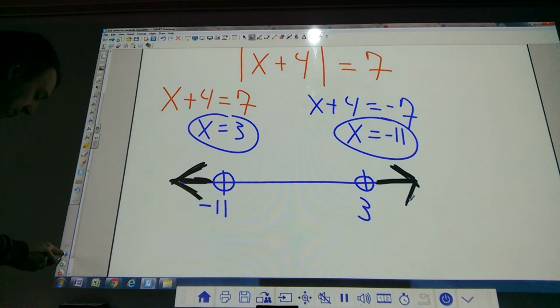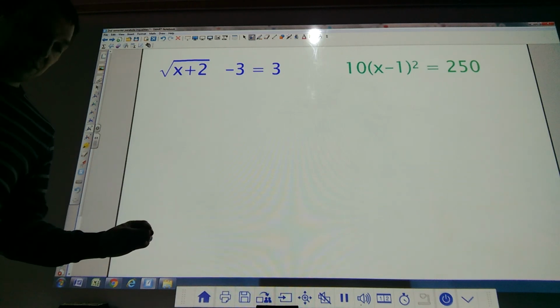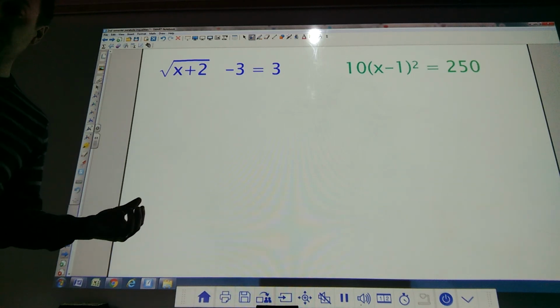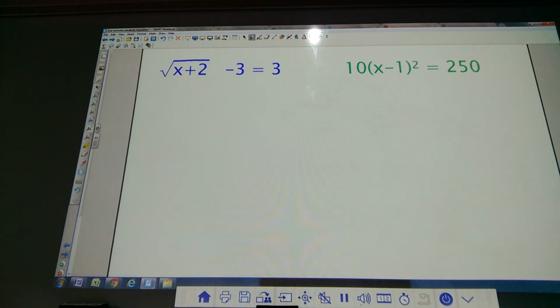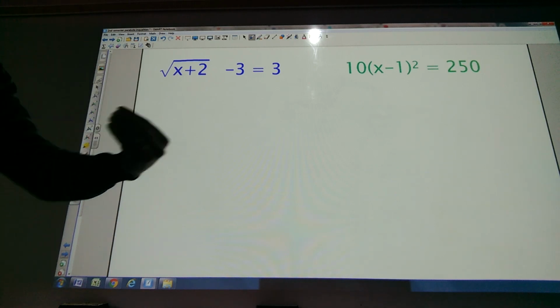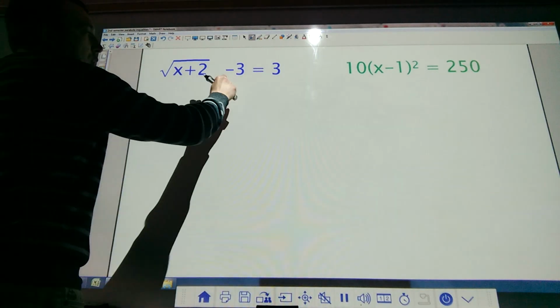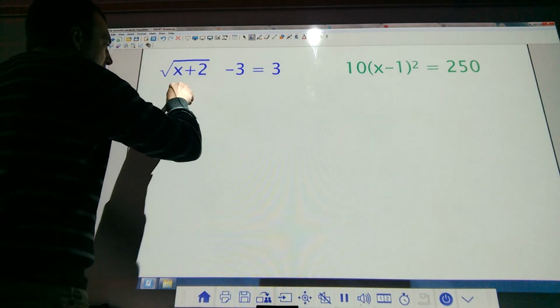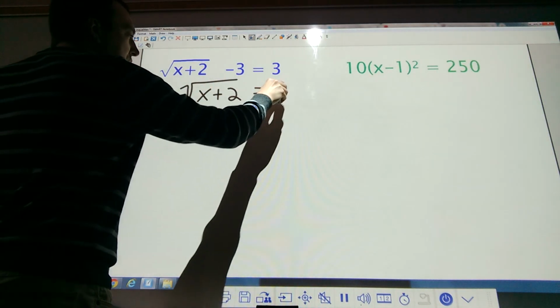Here we go. I wanted to review these 2 equations. If you want to pause it and try them, go ahead because we do have a test coming up. All right, here we go. Both of these are similar in ways. You want to do the opposite, move stuff over, but they're a little different. So this one we want to add 3 to both sides. Square root of x plus 2 equals 6.